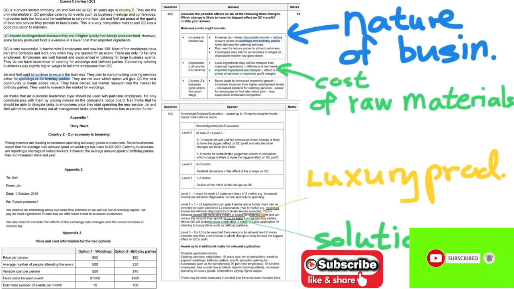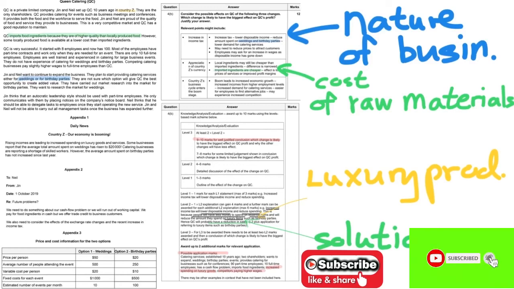If you want to score 10 marks, you have to justify the conclusion. There are a lot of things that you may quote in the source. For example, people have increased spending on luxury goods, competitors pay higher wages. You can grab all these from the source.